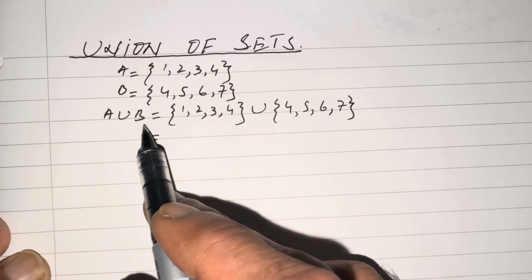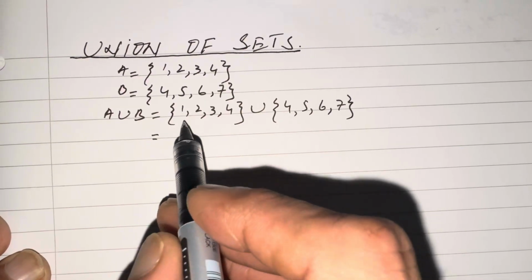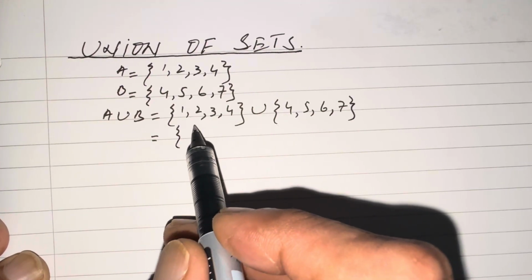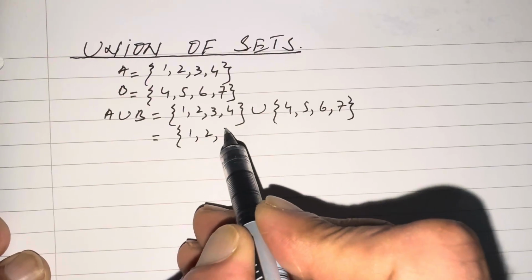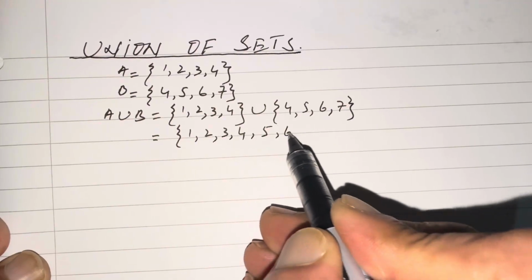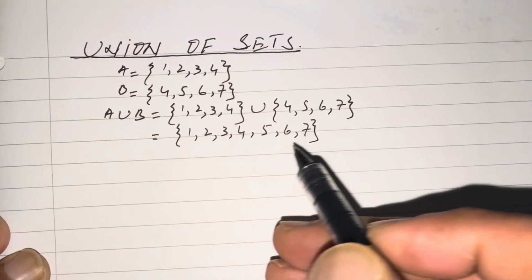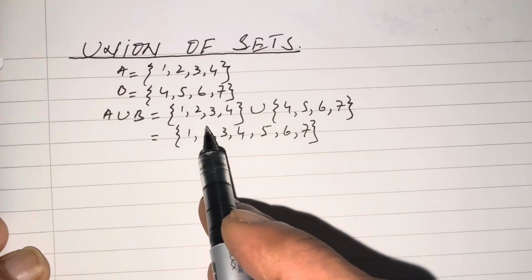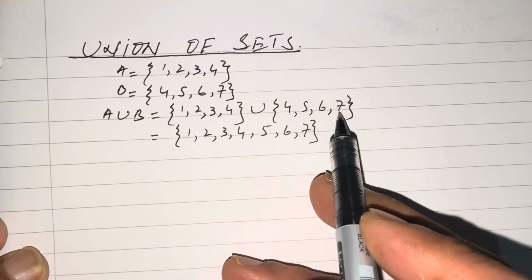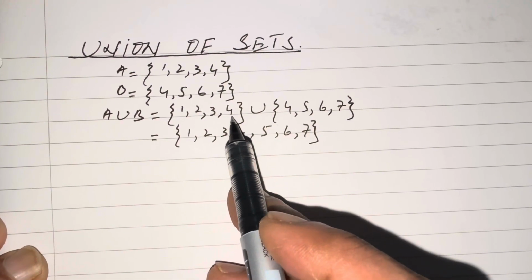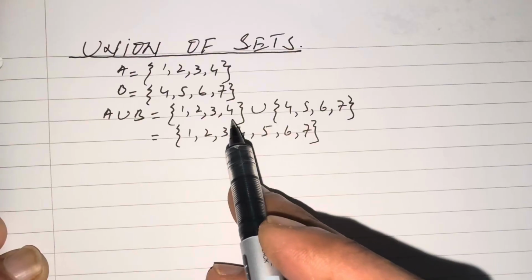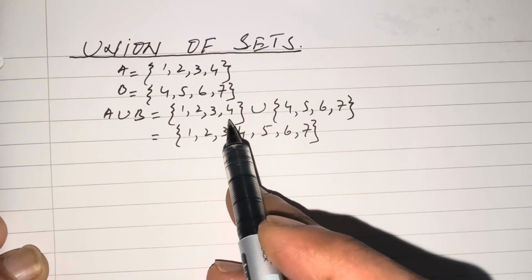So when we write A union B, it means that we are going to collect all the elements of these two sets, and it can be written as 1, 2, 3, 4 and 5, 6 and 7. When we collect all the elements, you have to remember that the elements which repeat in those two sets cannot be written two times.